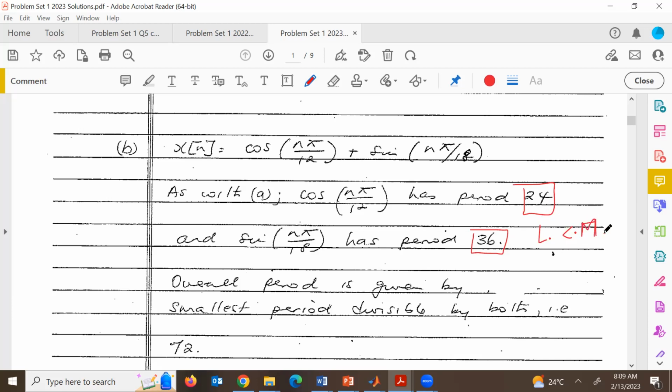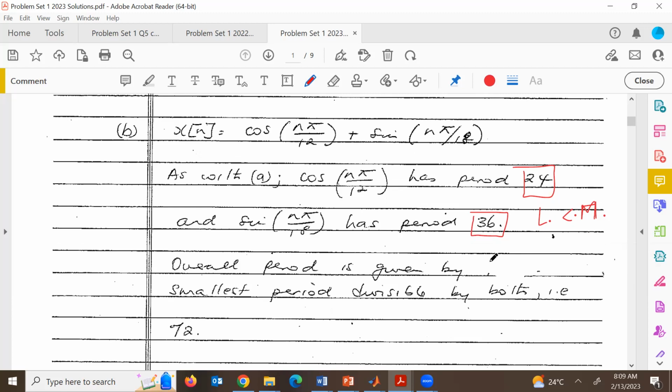What is the lowest number that both 36 and 24 will go into? The lowest number that both of them will go into is 72. So after 72 samples, the joint signal comprising the cosine n pi over 12 and the sine n pi over 18 will repeat itself entirely. The actual values will repeat itself.